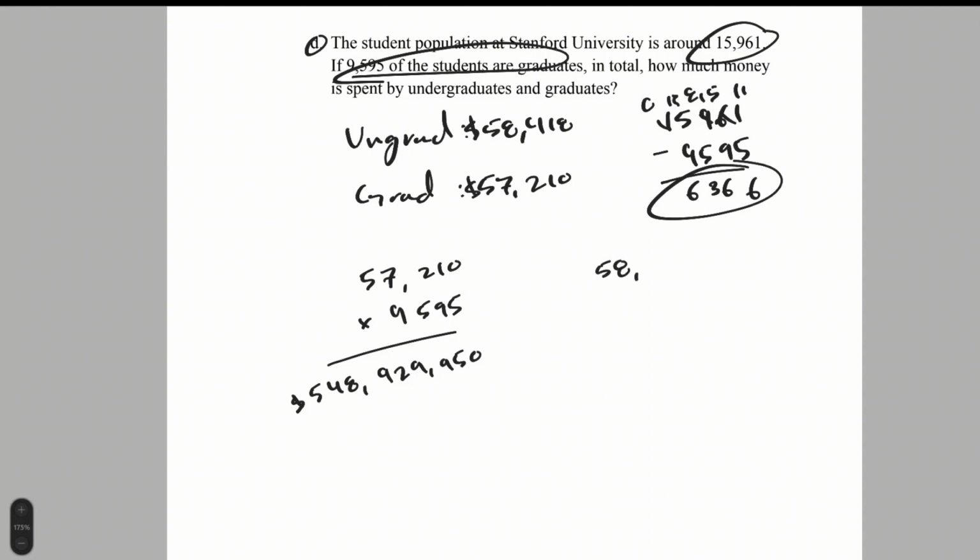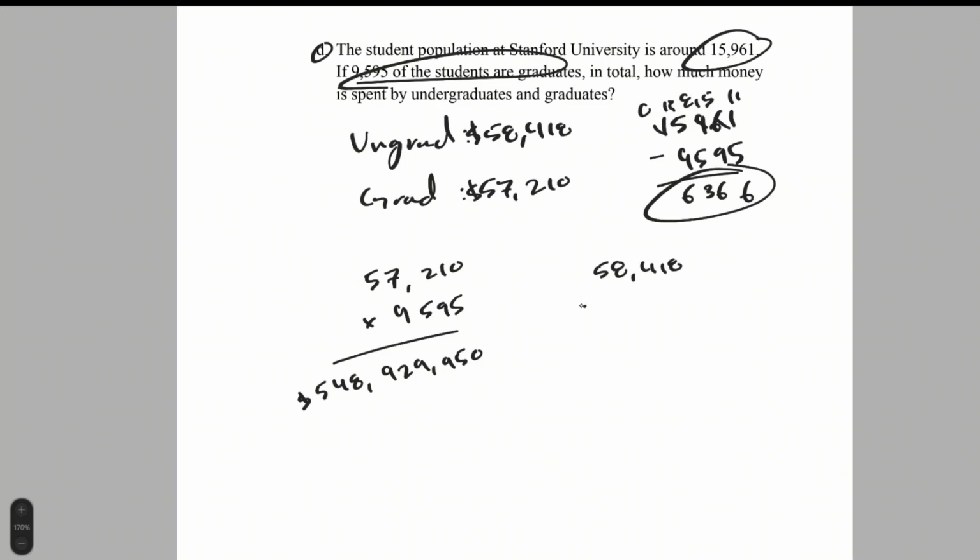So we just do the same process. We get the price for being an undergrad times 6,366, which is the number of undergrad students. And again, do this by calculator.